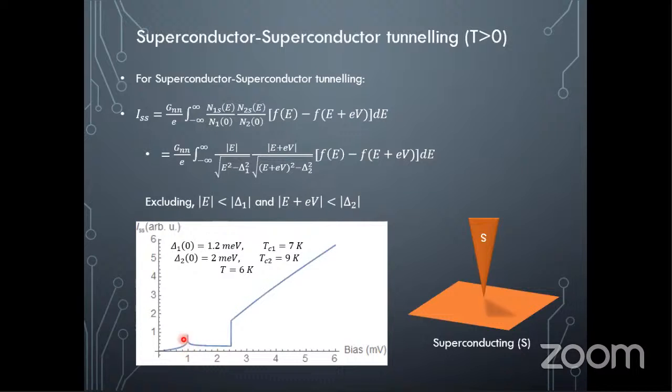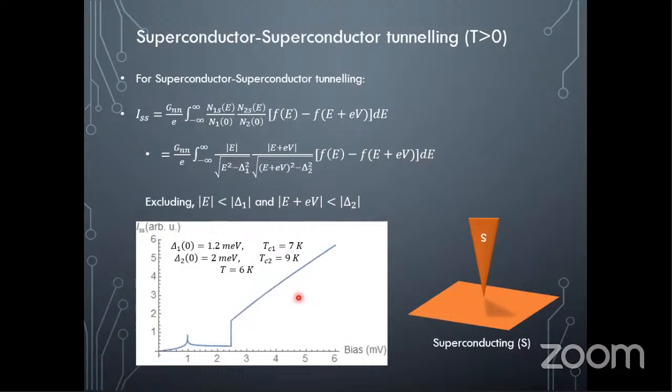It has one peak at delta 1 minus delta 2, which is about 2 minus 1.2, about how much? 0.8, just about 0.8, and another one at delta 1 plus delta 2. So this is delta 1 minus delta 2, and this is delta 1 plus delta 2. So there are two signatures if there is superconductor to superconductor tunneling happening.